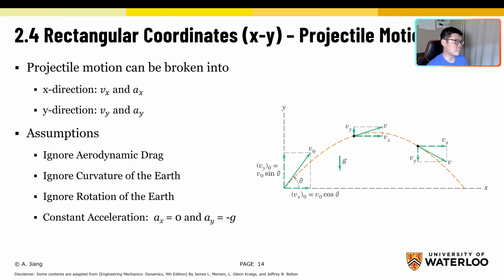We ignore aerodynamic drag, we ignore the curvature of the Earth, we ignore rotation of the Earth, and we assume there is a constant acceleration, where in the x direction, there's no acceleration, and in the y direction, the only acceleration the object is experiencing is the gravity. So if we define y positive is going up, then ay is constantly negative g, or negative 9.81 meter per second squared in SI unit.